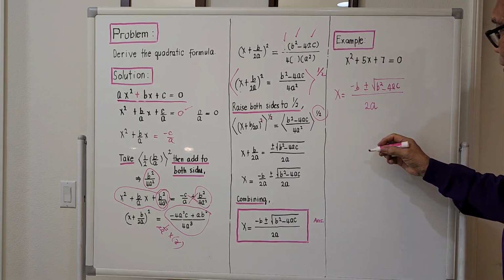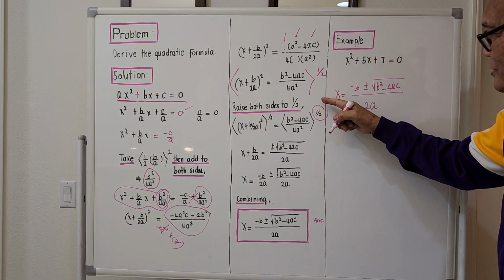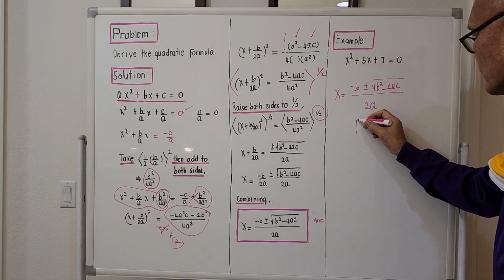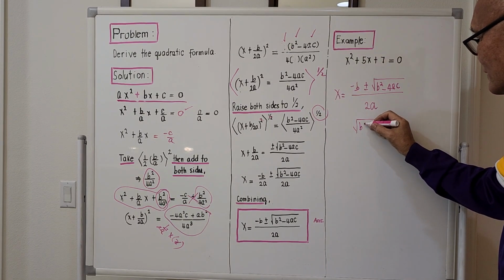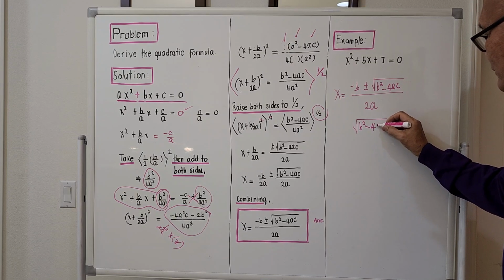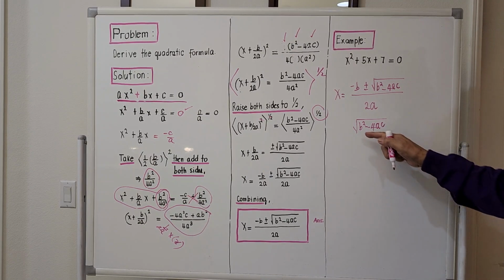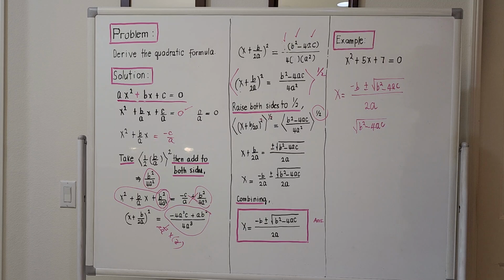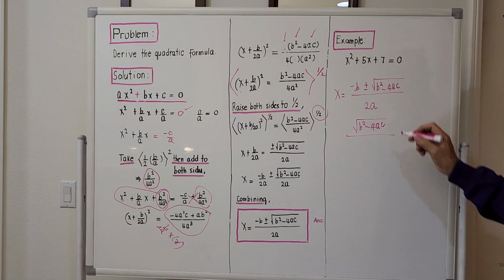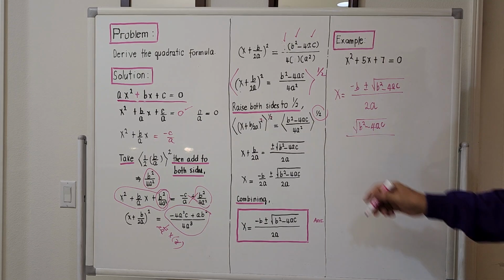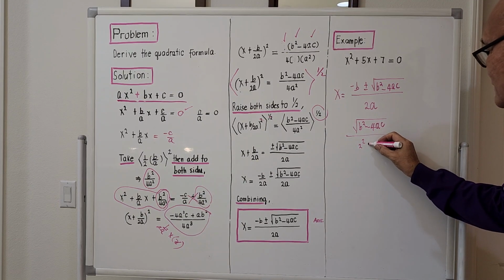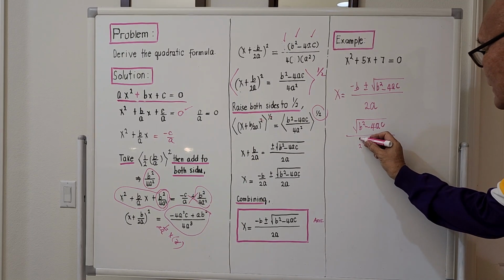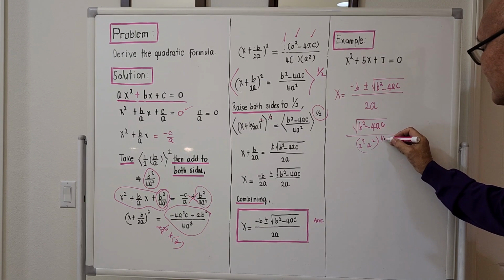Right? So x plus b over 2a should now be equal to, for the right hand side, a numerator and a denominator. If we take the square root, we take the square root of the numerator. For the meantime, we do not know its value, so we just express it as the square root of b squared minus 4ac. And for the bottom portion, it is 4a squared, so it can be written as 2 squared times a squared, all raised to the 1/2.